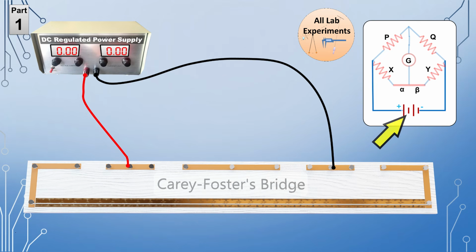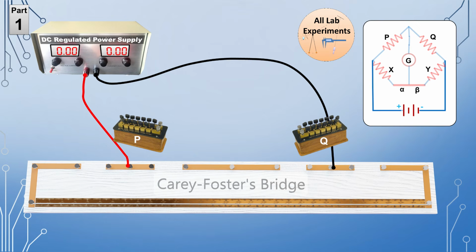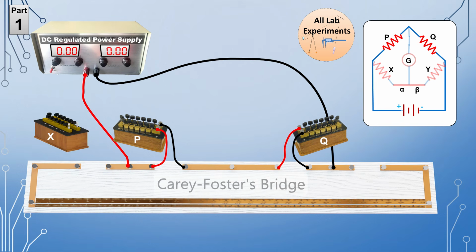Now we will take two identical resistance boxes and name them P and Q, and connect them in the inner slots as shown in the circuit. After that, we will connect the fractional resistance box, which is at position X, and as we connect it, it has also been highlighted in the diagram. Finally, we will take the copper strip and place it at the place of Y shown in the diagram.